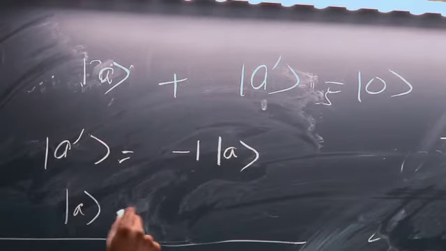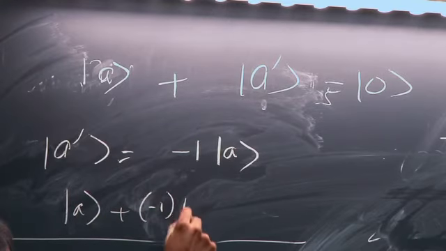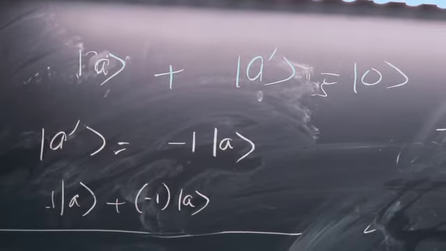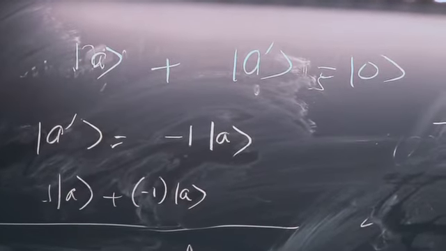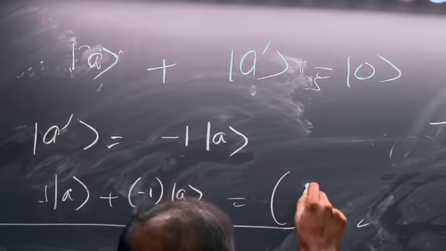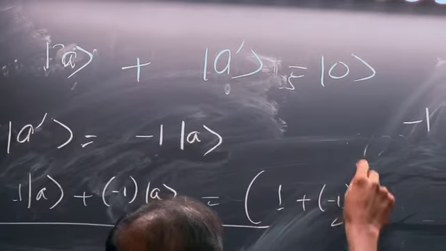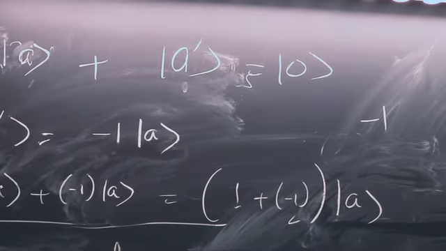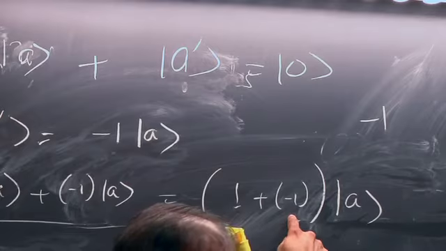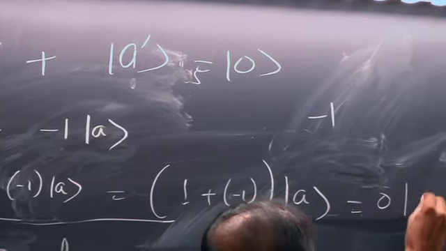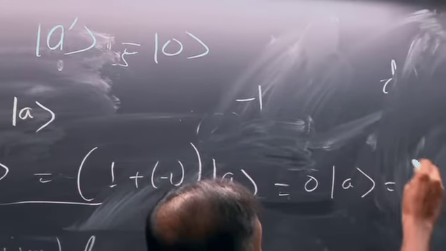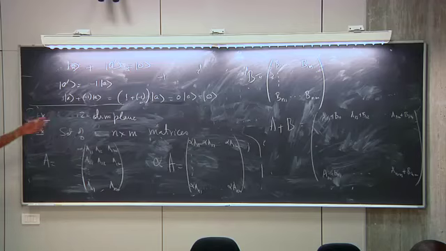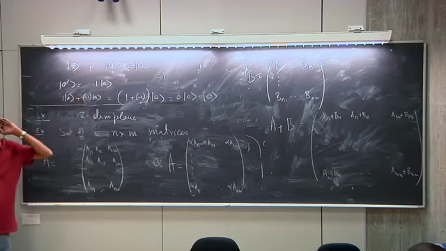Let's take A plus minus 1 times A, okay? So this is 1 times A, and that's minus 1 times A. Now use the distributive law, right? That's the same as 1 plus minus 1, whole thing times A. I just use the distributive law, right? But 1 plus minus 1 is 0, so this is simply 0 times A. That's 0. So it's always that. The inverse is nothing else but multiplying the original vector by minus 1.